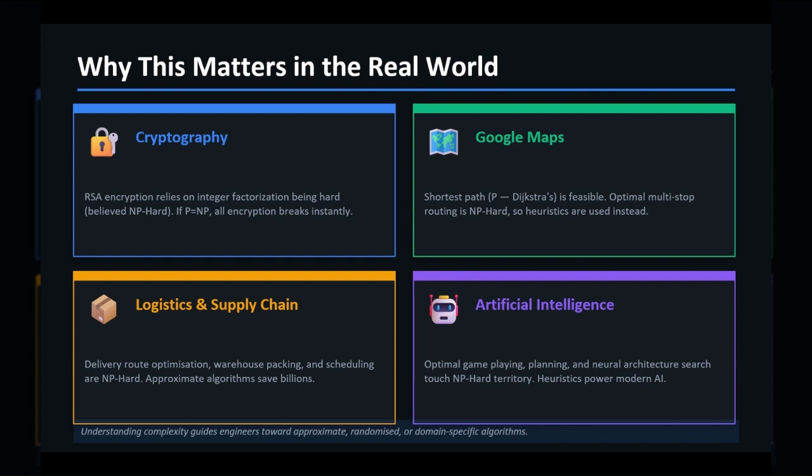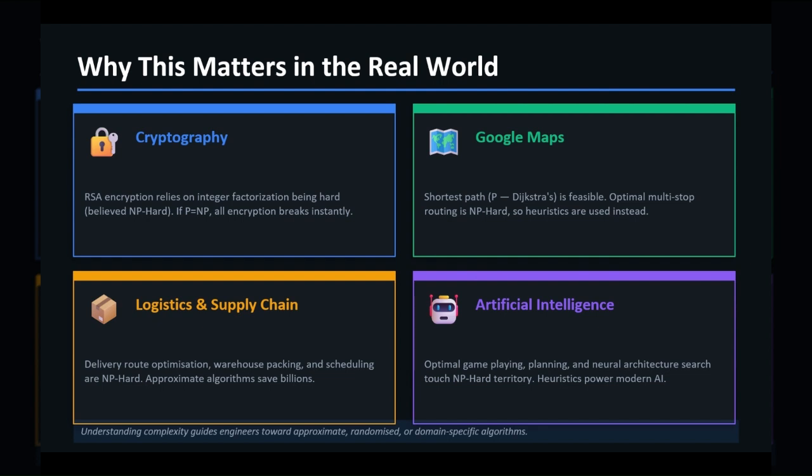Not necessarily the perfect one, but a good one. Logistics and supply chain. Amazon's delivery optimization, airline scheduling, hospitality staffing, all NP-hard at scale. The savings from even a 1% improvement in route efficiency are worth billions.